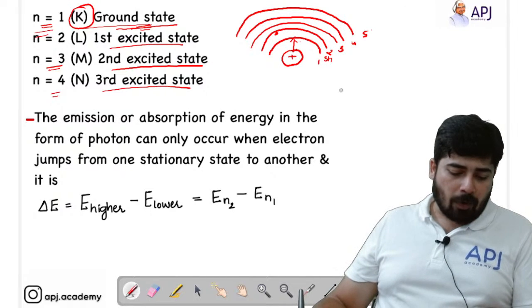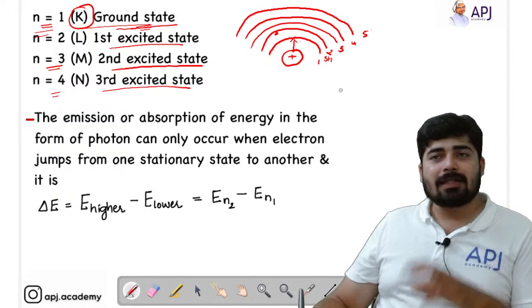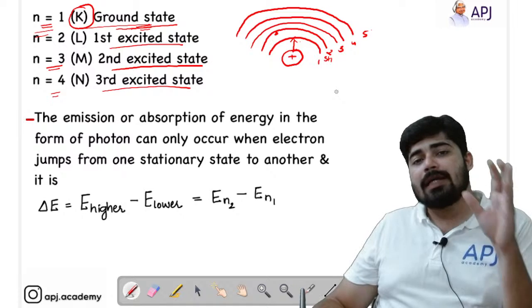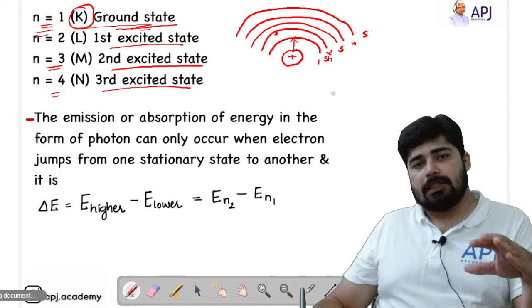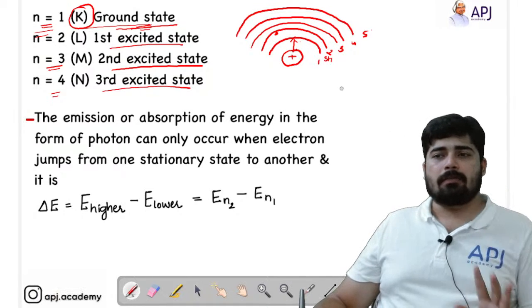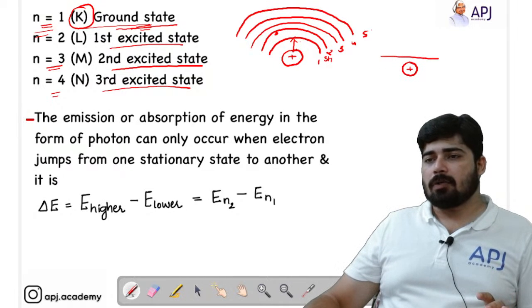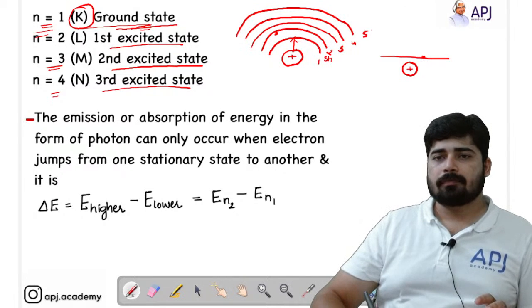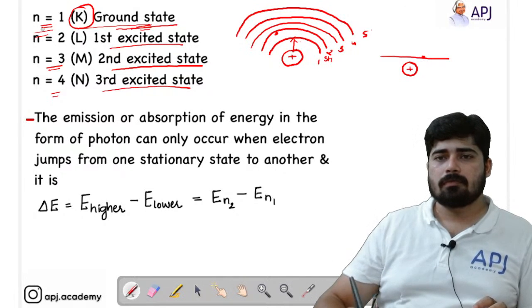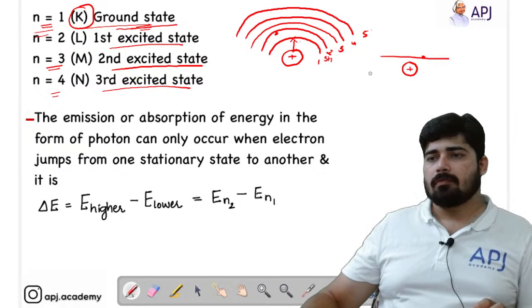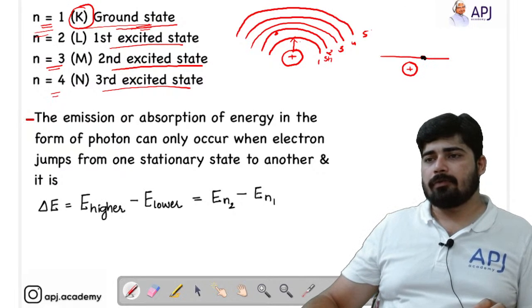See, I have already told that the Bohr model is only applicable for those species which have one electron in them. So let's see, if I have one electron, let me draw the shell like this horizontally. So this is the electron I have.